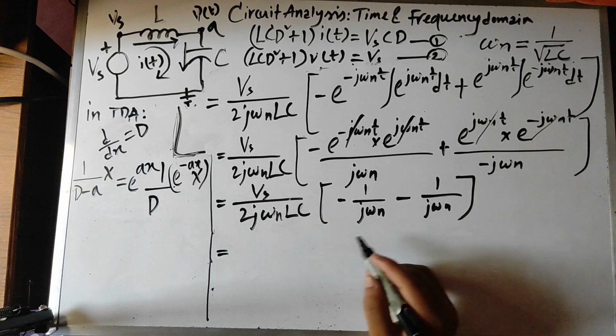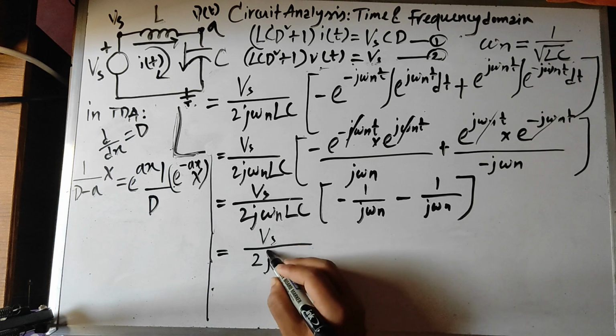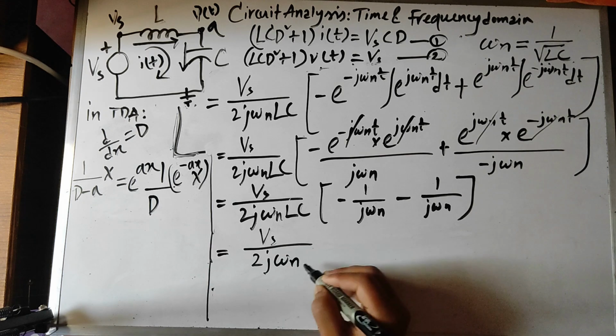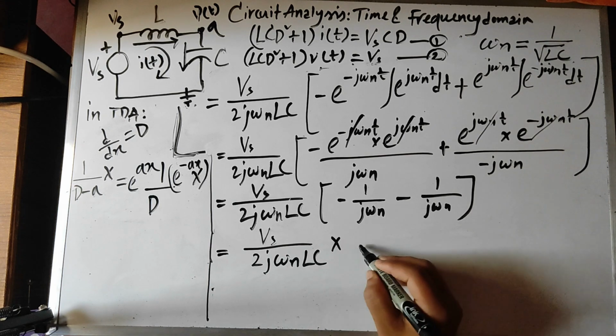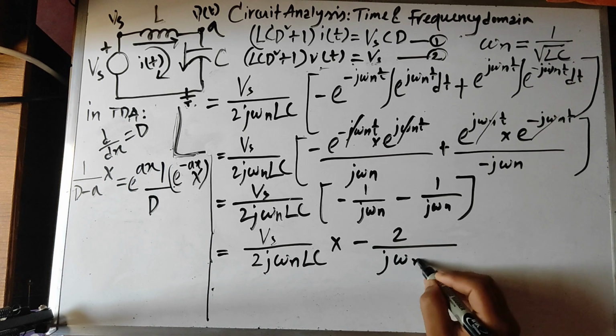So this is Vs by 2j omega n LC times minus 2 by j omega n.